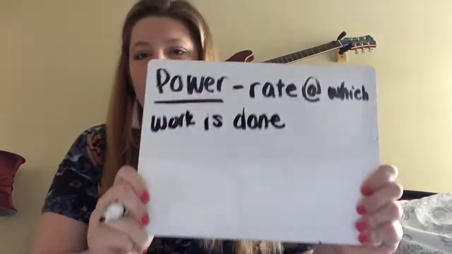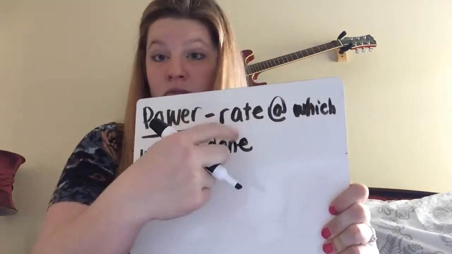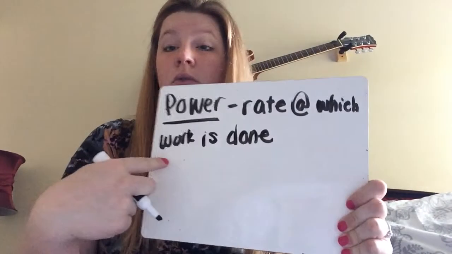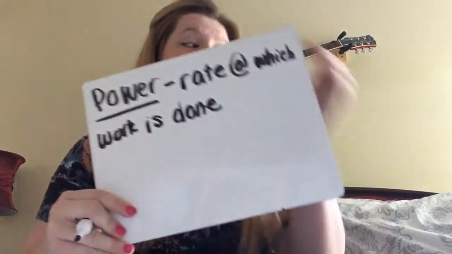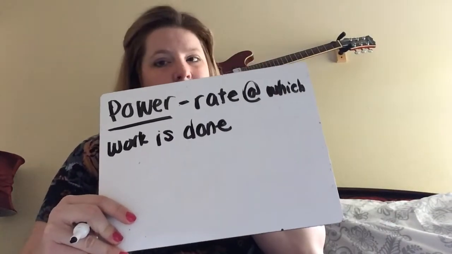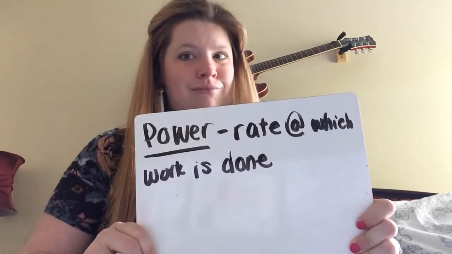Power. Rate. So power is the calculation at which work is done, the calculation that we were just working on for work. You with me? The eyebrow thing. There's a little bit more that goes with this. To break it down, if you're thinking, huh, I still don't get it, it's how quickly or slowly the work is done.